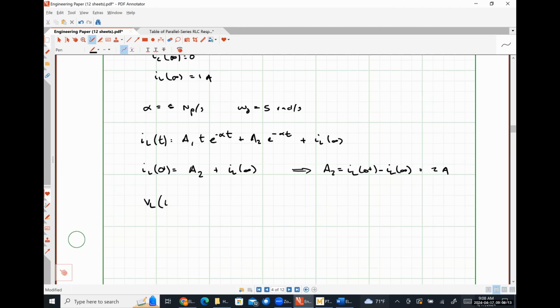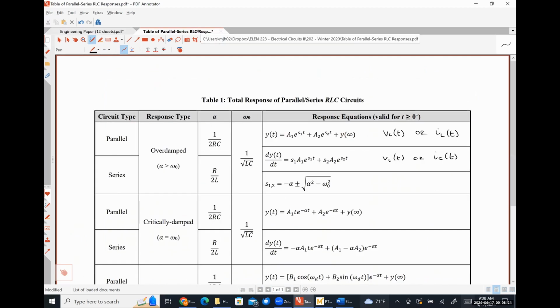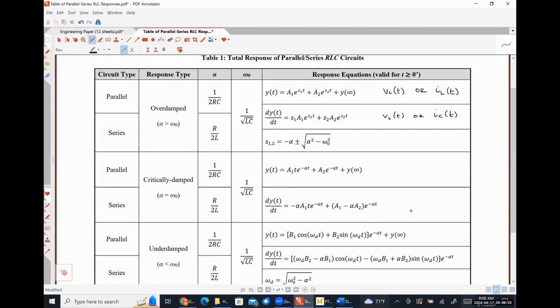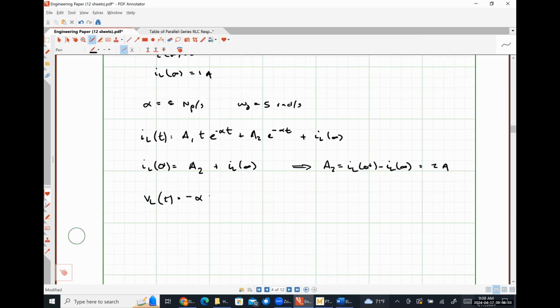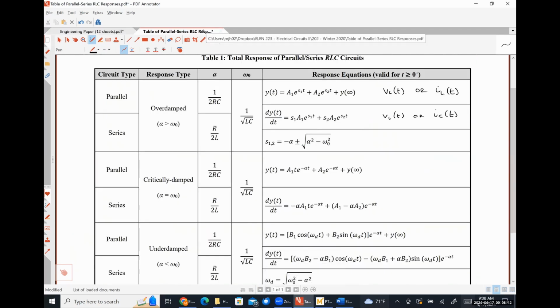VL of t. Can somebody look at the tape? Oh, it's right here. Negative alpha A1 t e to the negative alpha t plus A1 minus alpha A2.